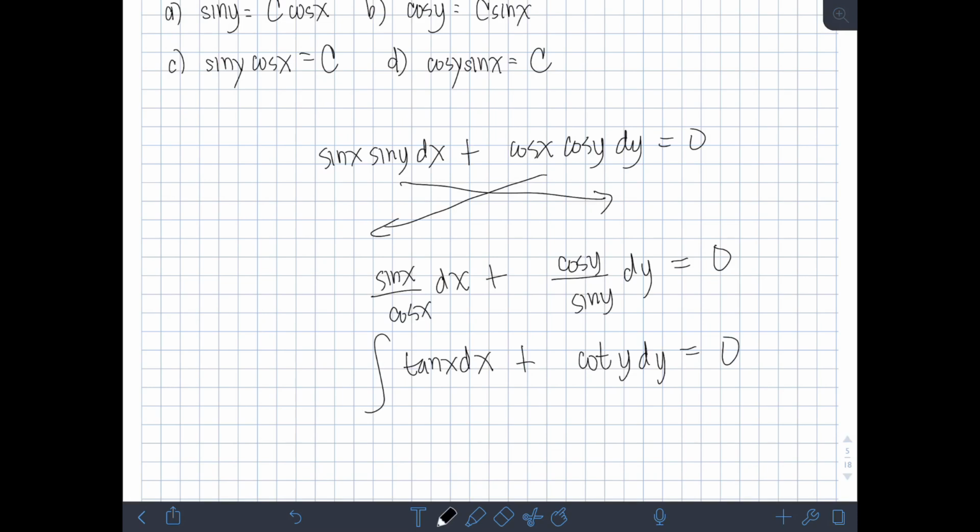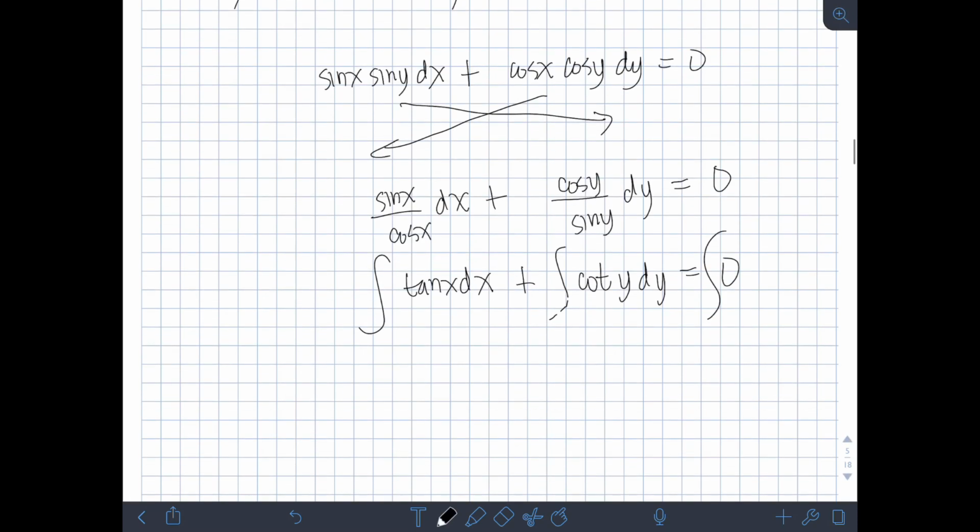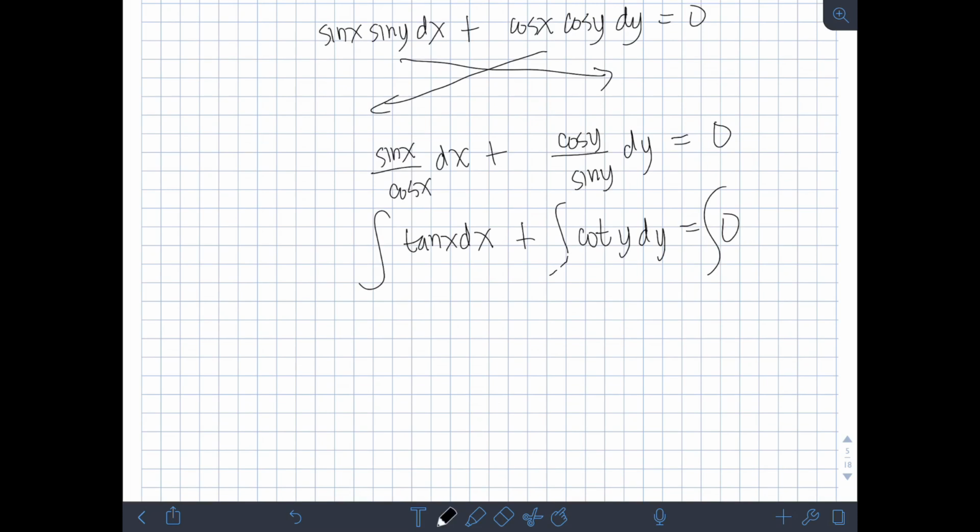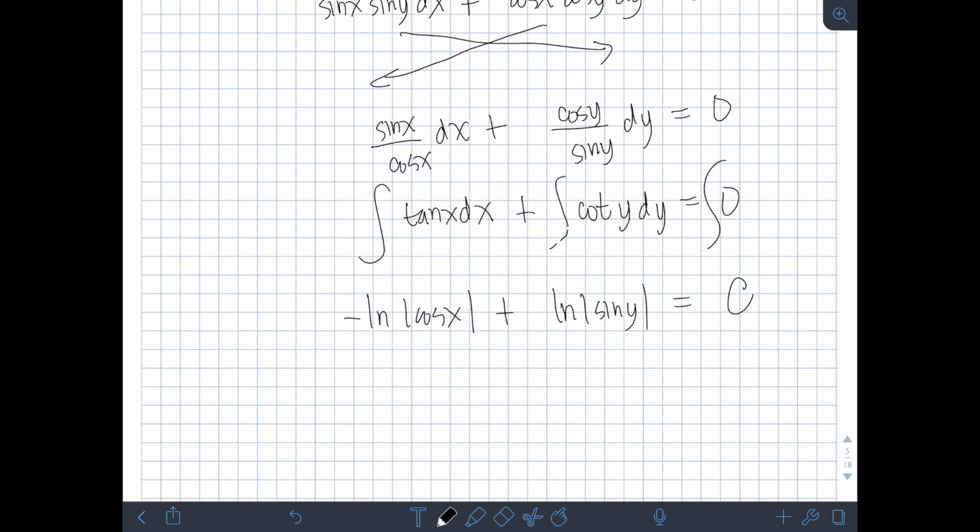So, pwede nating integrate both sides. So, integral ng tan x dx is negative ln cos x, right? Plus, integral ng cot y dy is ln sin y equals constant. So, pwede nating pagsamahin itong negative ln cos x plus ln sin y, parang ln sin y minus ln cos x. So, division rule. ln of sin y over cos x is equal to constant.